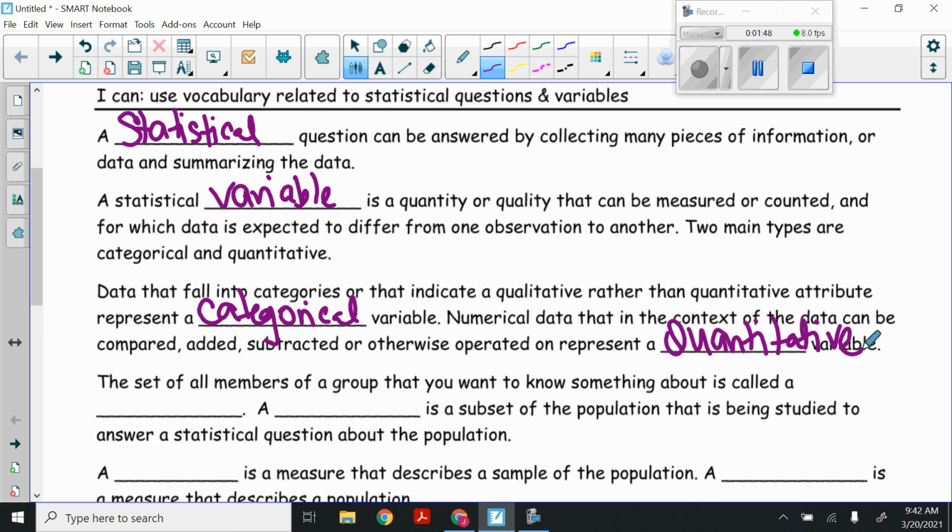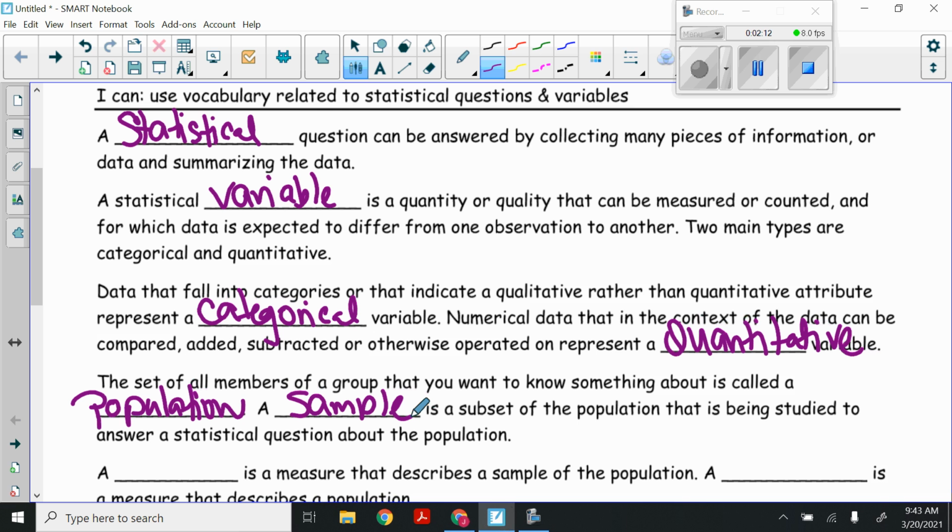The set of all members of a group that you want to know something about is called a population. A sample is a subset of the population that is being studied to answer a statistical question about the population. So the population, that's the entire thing.